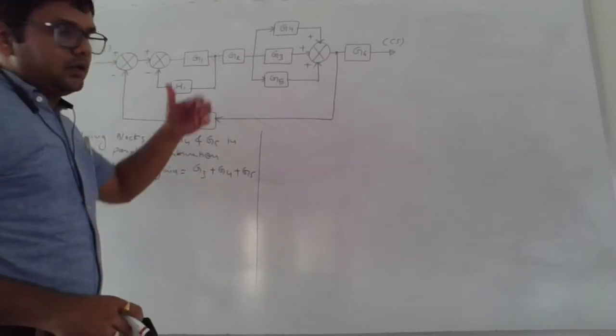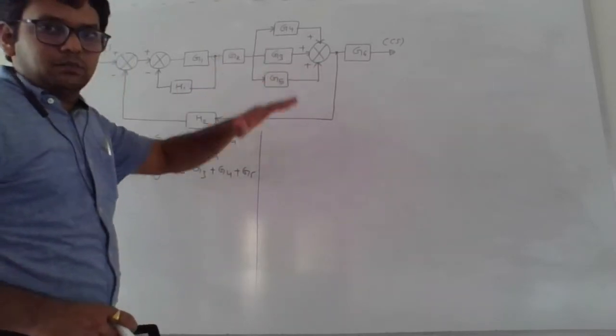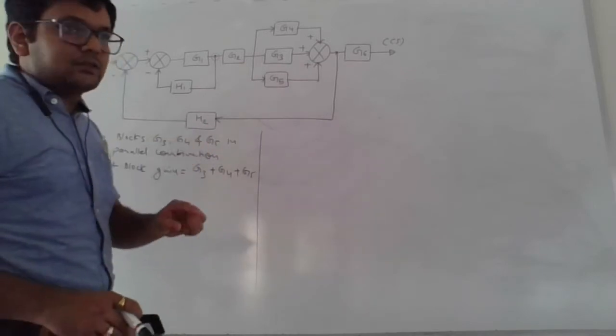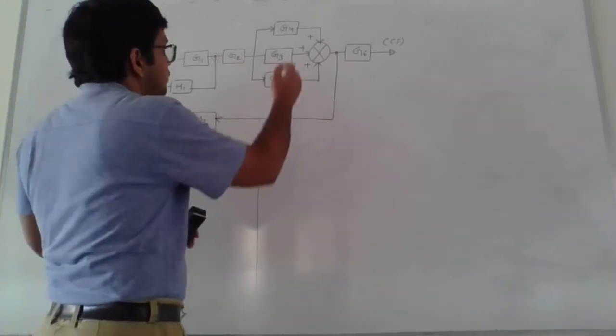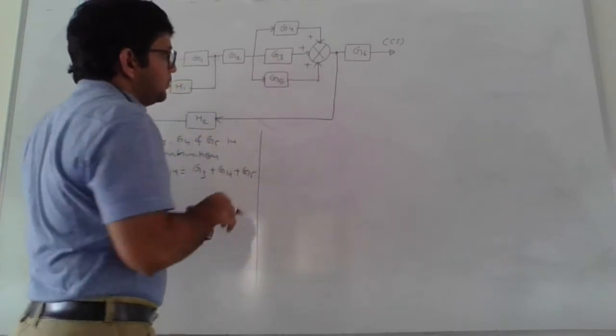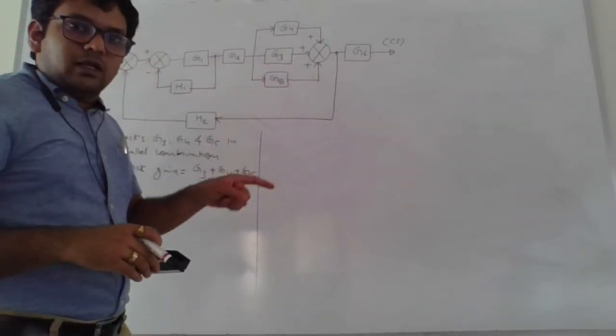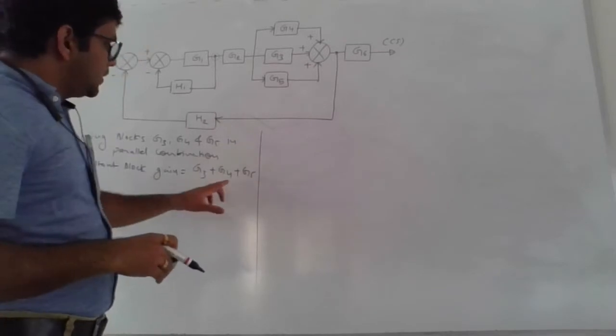Now what will we do? We are going to modify this particular structure, or reduce it. In that case we are not going to represent these three blocks separately; this entire structure is going to be replaced by a single block, and the gain inside that block will be the addition G3 plus G4 plus G5.